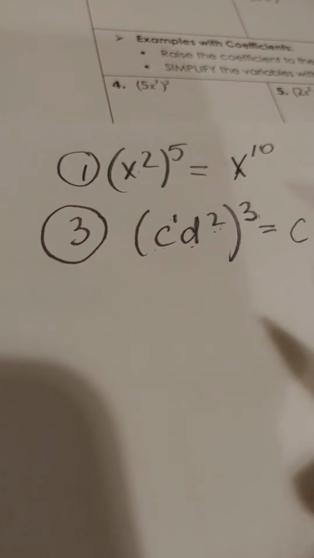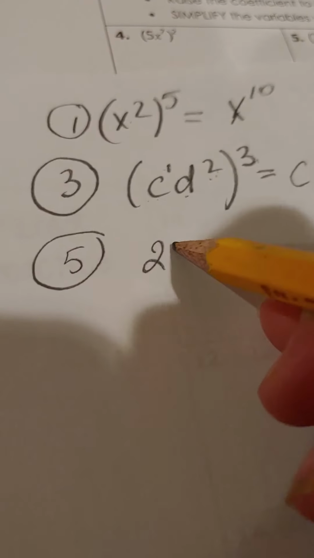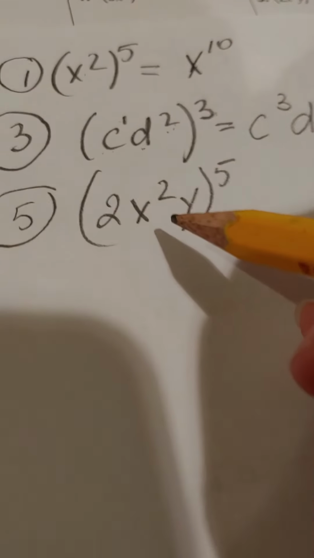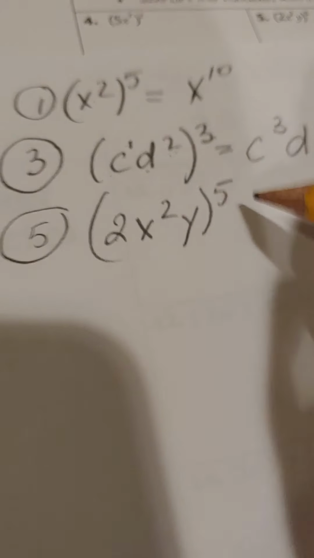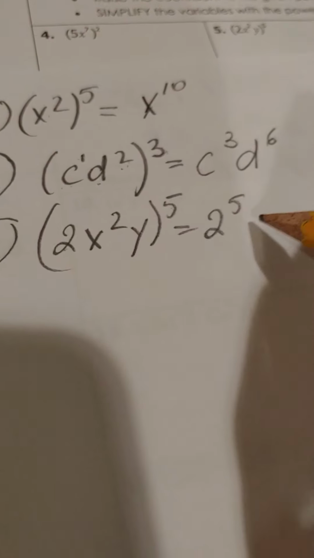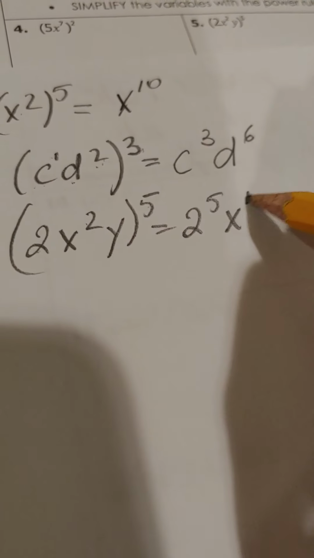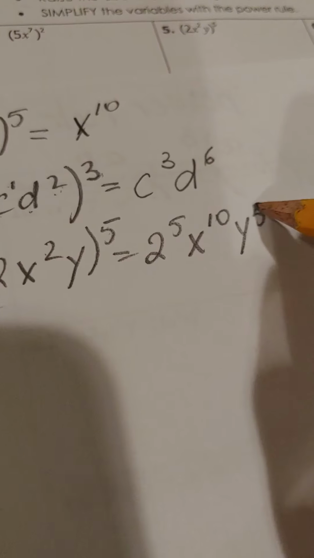All right, number 5. 2x squared y raised to the 5th power. So basically we have to raise everything to the 5th power. 2 to the 5th power, x squared to the 5th power, which is 2 times 5 is 10, and y to the 5th power.